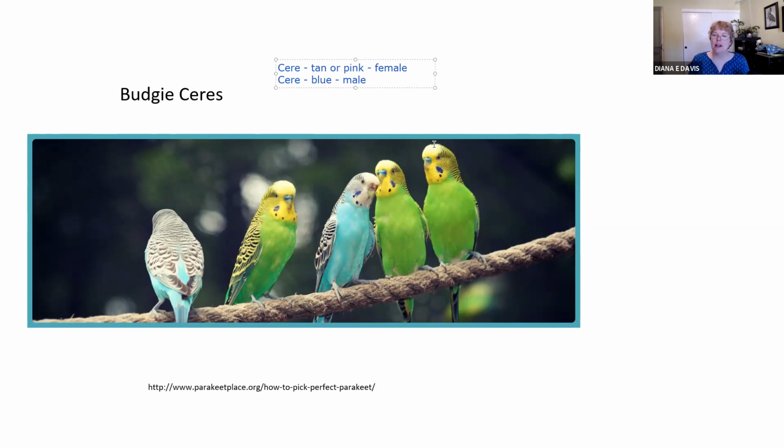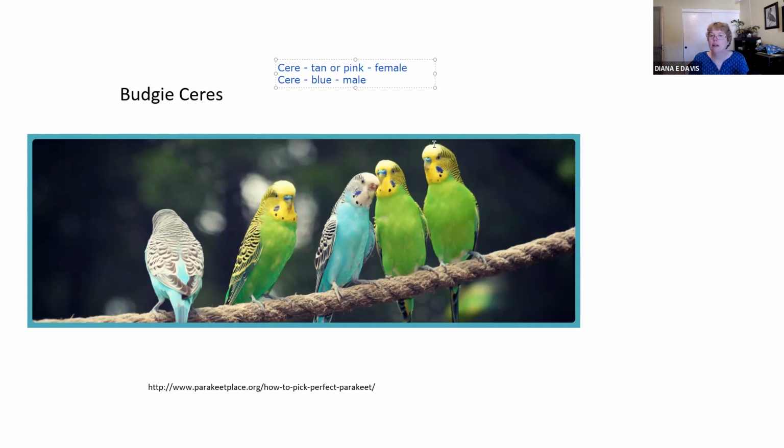So you can't tell once they're an adult how old they are. But if you're in the pet store and you're wanting to buy a budgie, the more stripes on the forehead, the younger they are. Unfortunately, the younger they are, sometimes you can't tell the sex by looking at the ceres, but you can tell in the adults.